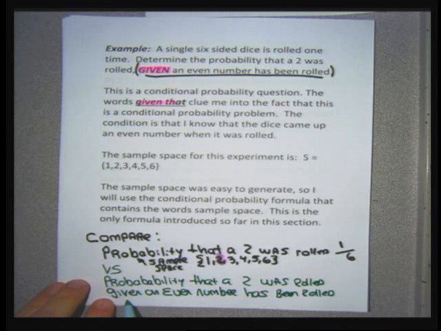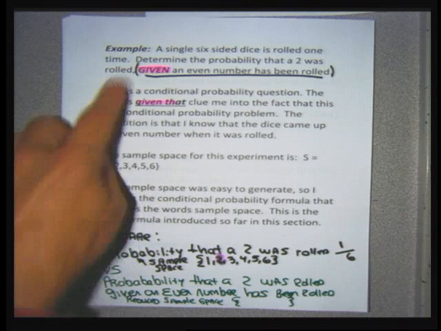So the reduced sample space for this problem is going to only contain the numbers in the sample space that fit the extra information. So for each of the problems I'm about to do, for the first half of section 4.7, I'm going to create a reduced sample space, and I'm going to use that reduced sample space to get my probability.